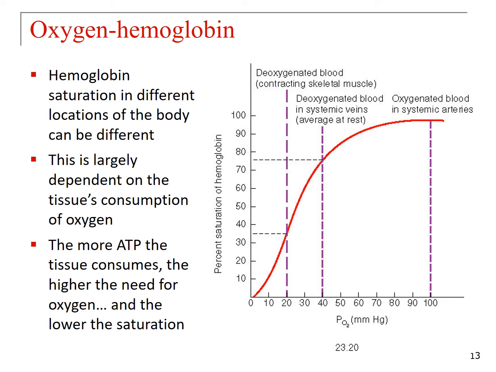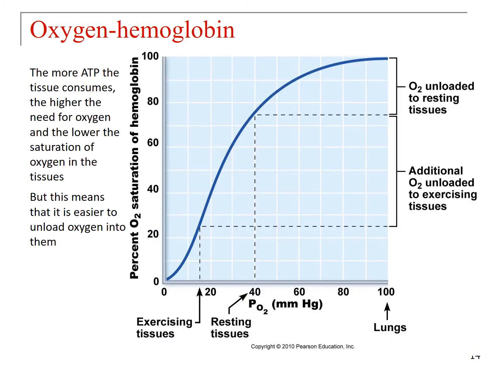Lower demand tissues still have fairly low PO2s because they use oxygen too, but it's not as low as the high demand tissues. And finally, the blood that's coming out of the lungs is going to have a high PO2, therefore a really high saturation. So again, the more ATP that a tissue consumes, the higher the need for oxygen, the lower the saturation of oxygen in the tissues. Now, let's examine the implications of this, okay?